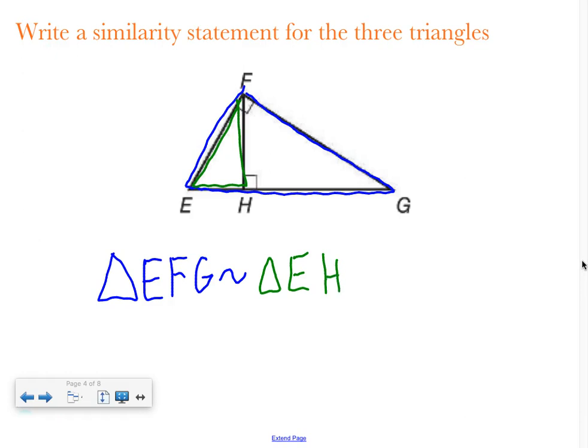H. And then G matches with F. Okay. And then I have that red one. So what matches with E on the red one?